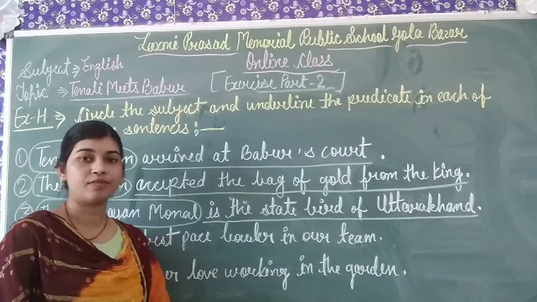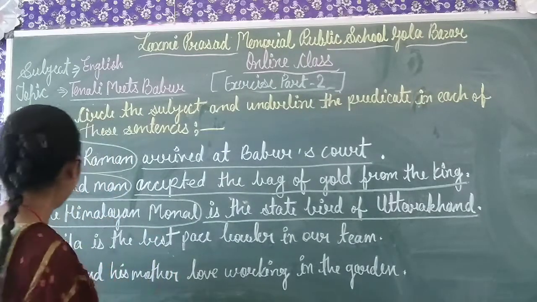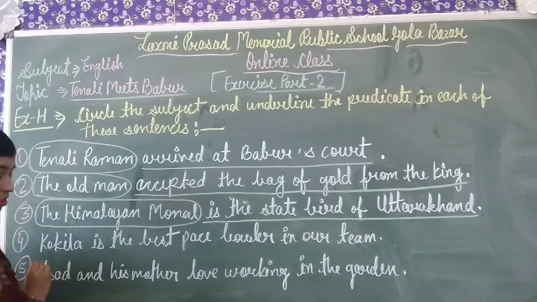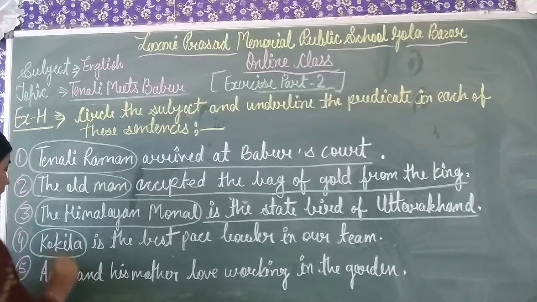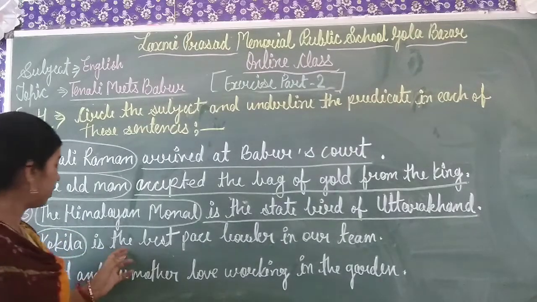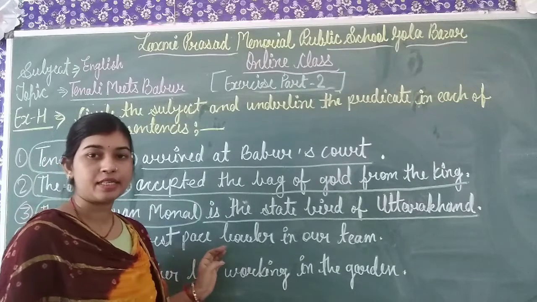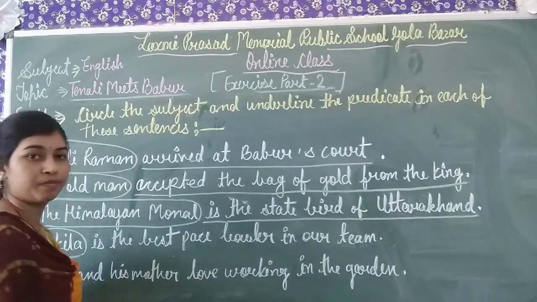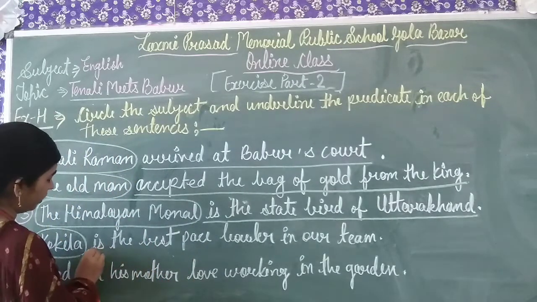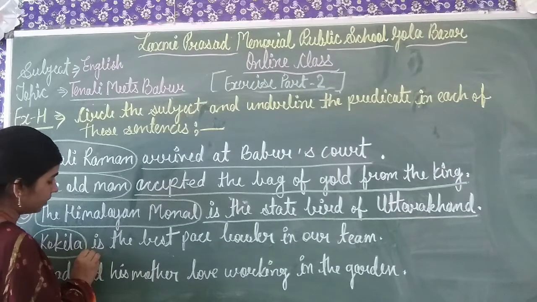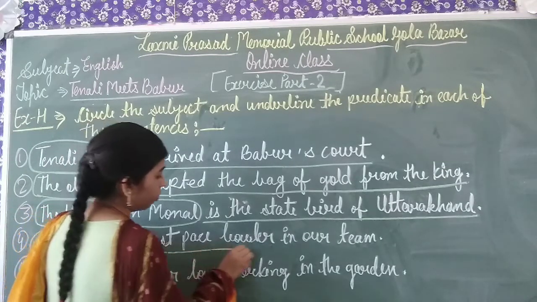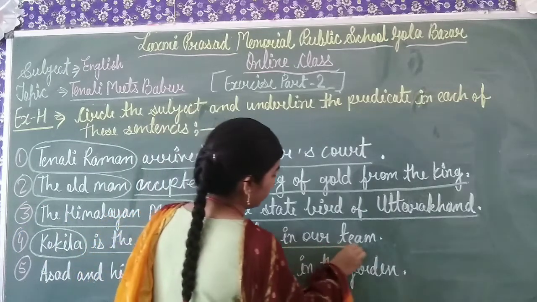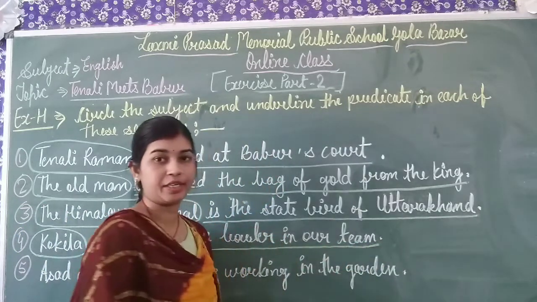Kokila is the name of a person, so this is a subject. So you have to circle the word Kokila, and the remaining part is predicate. So you have to underline these words, that is the best pace bowler in our team is predicate.